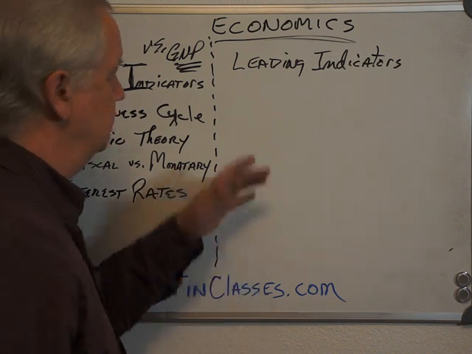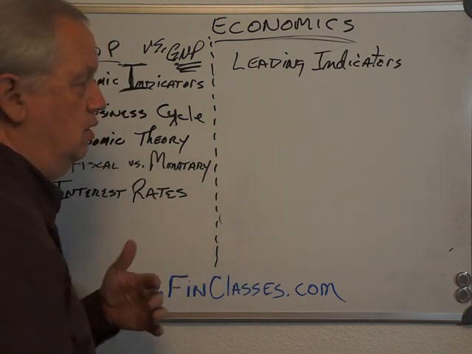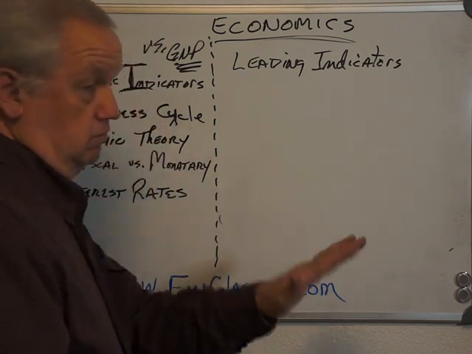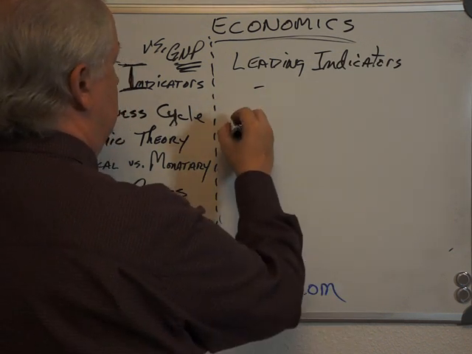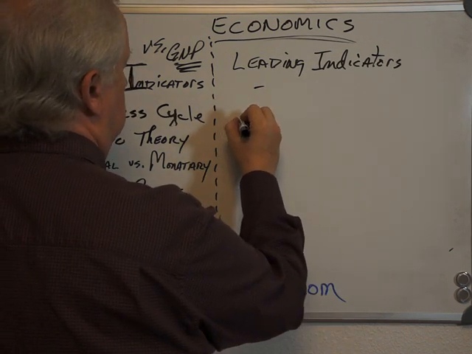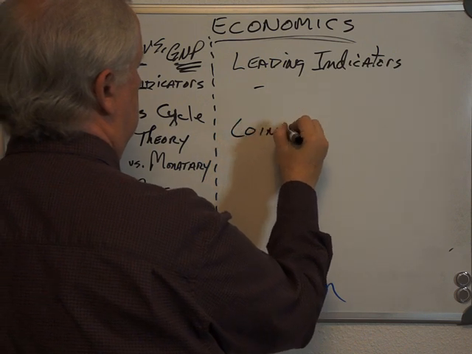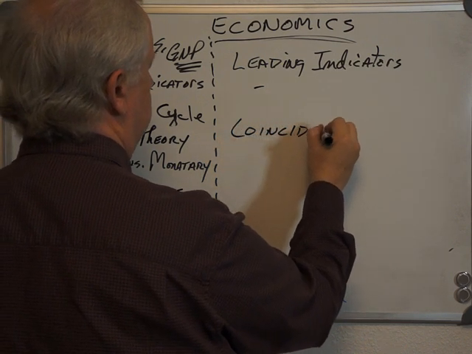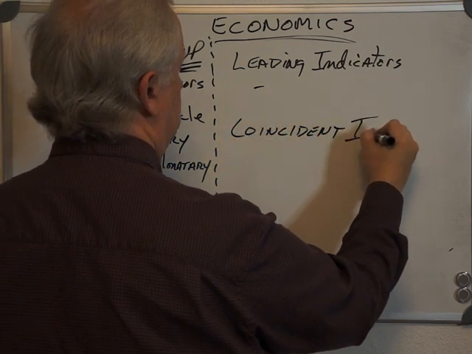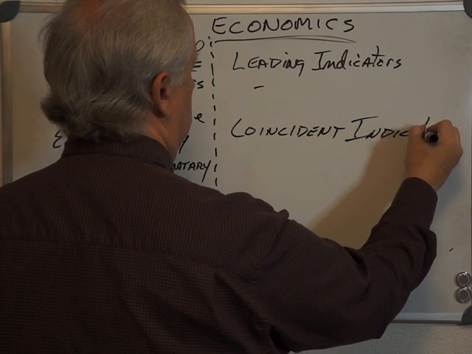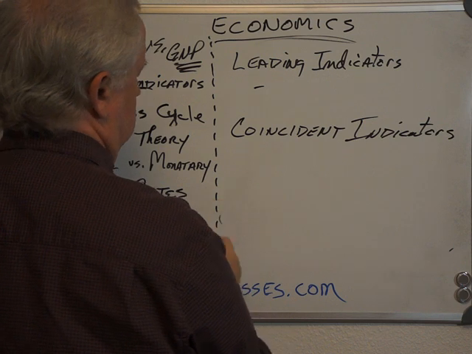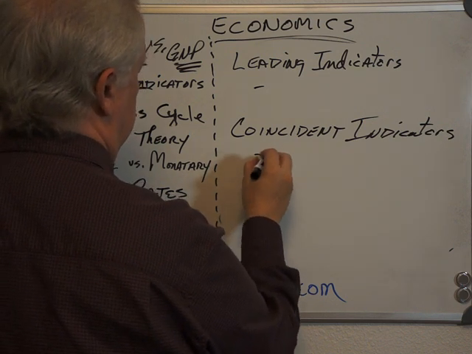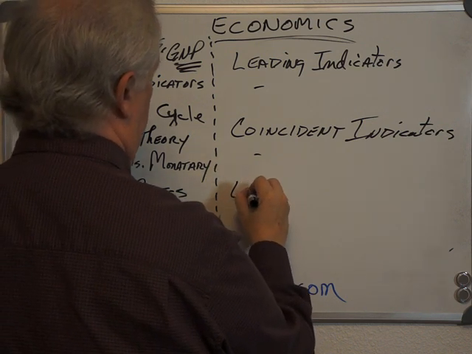Well, first of all, they'll put me to sleep. And I'm standing, so I don't want to fall right down. But what do these do? And the next one would be coincident indicators. And then the next one, lagging.